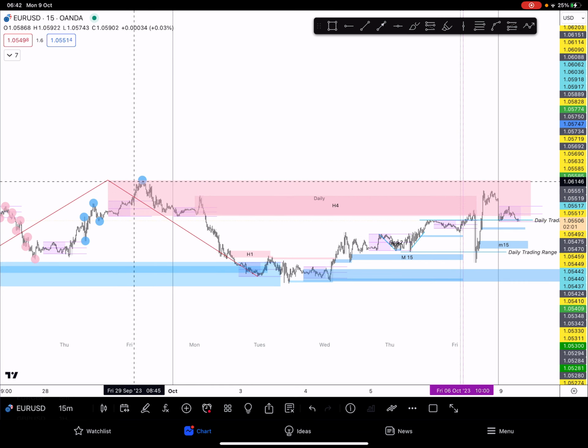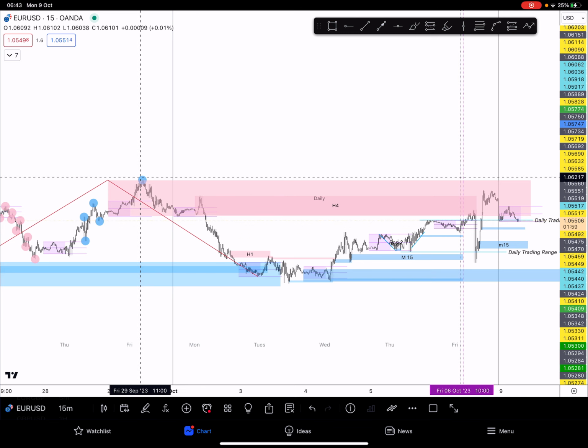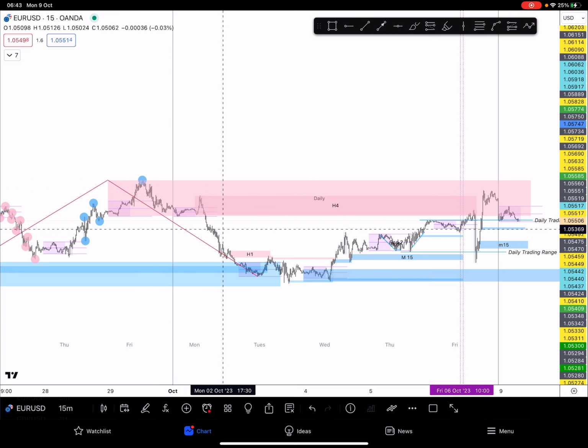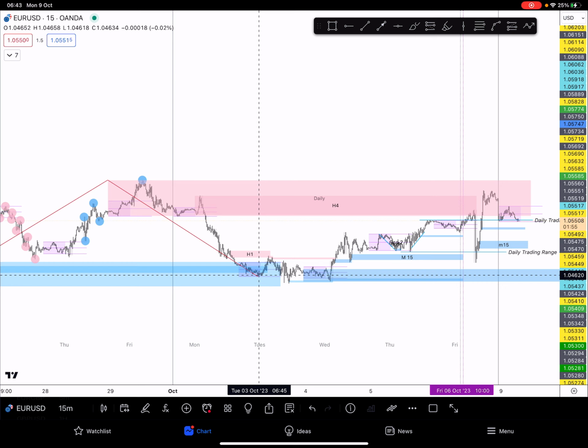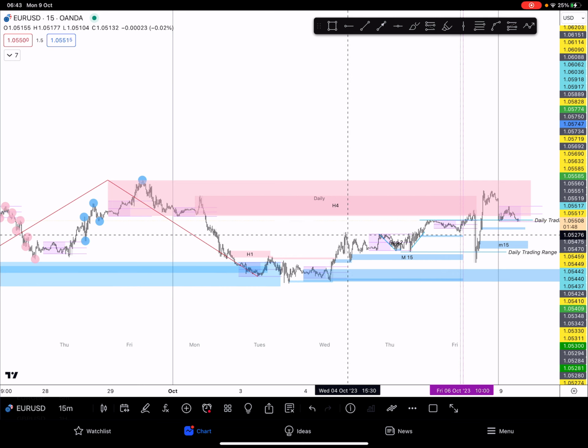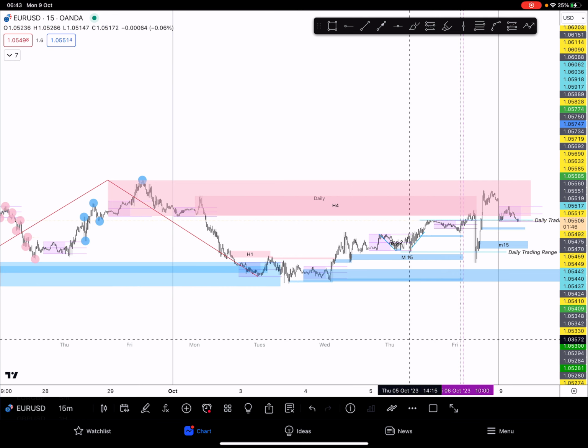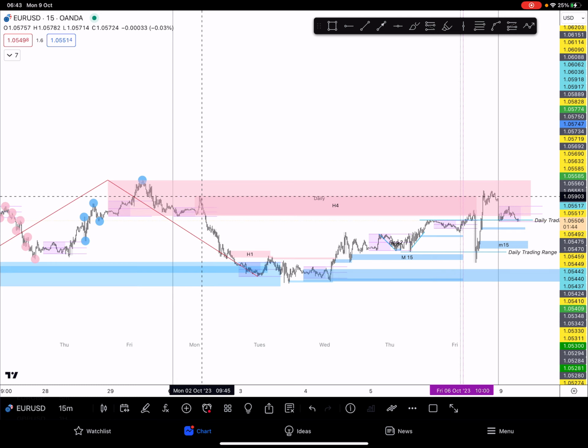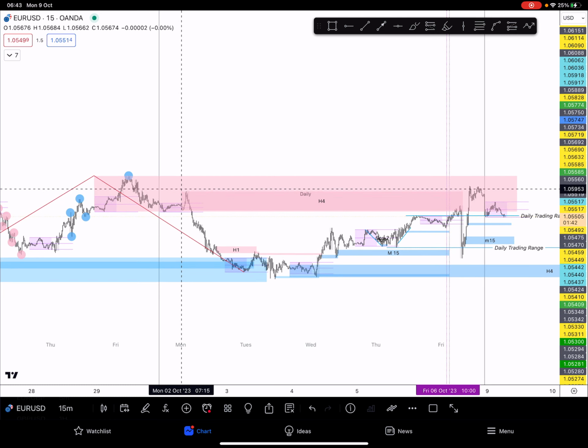On M15, you're gonna see something like this, like 1, 2, and then push down here, and then this little push down, and then from here we're pushing up here, right? So this high got taken out, this high got taken out, so that is showing you a shift.